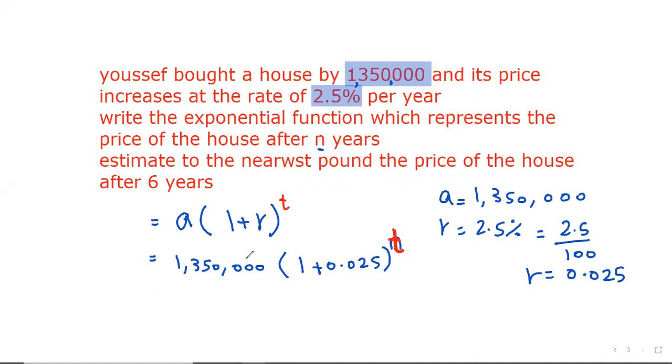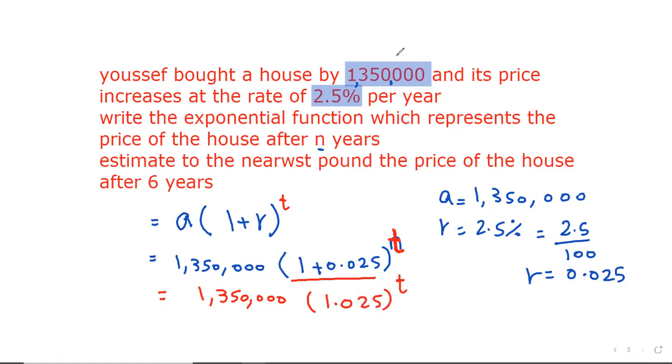So this is the exponential function which represents the price of the house after n years. It will be 1,350,000 times 1.025 to the power of t.